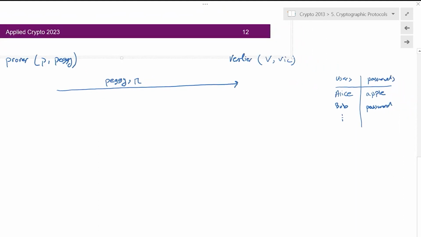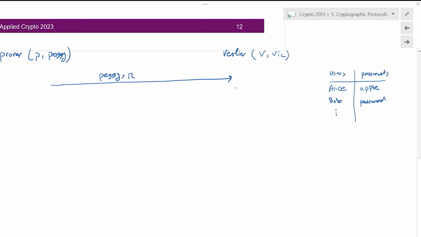And when the verifier gets this, we check the table to see if the user and password exist, right? If so, then you can say that, okay, you were logged in. Otherwise, you can say that login failed.